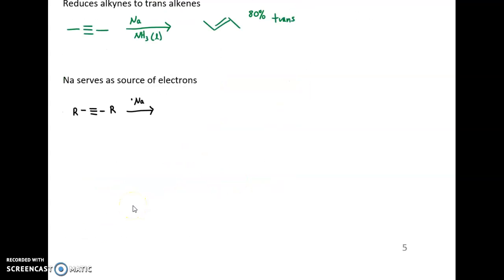A single electron is transferred from the sodium to the carbon atom, and one of these pi bonds gives one electron here and gives the other electron to the other side. So we have a single electron on one side and a pair on the other. The electrons that are on this carbon are then going to snatch a proton. These electrons will then go to the nitrogen.